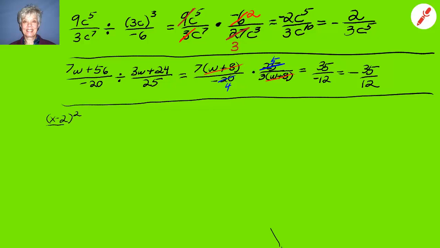Okay, we have x minus 2 squared over 5x squared divided by 4x minus 8 over 20x cubed.